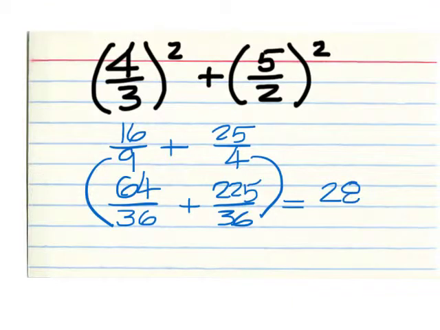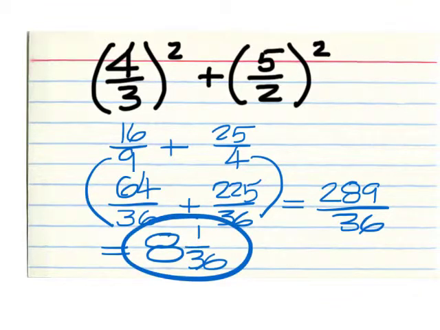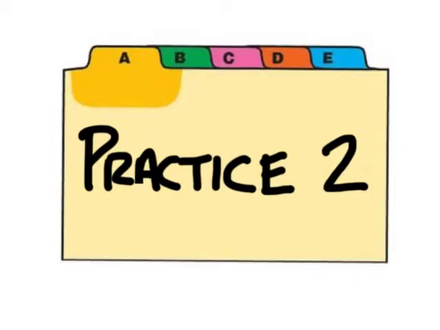So add those up and get 289/36. 36 going into 289. 72 is 2. 108 is 3. 216 would be 6. So it goes in 8 times. And how many is left over? 1/36. 8 and 1/36.